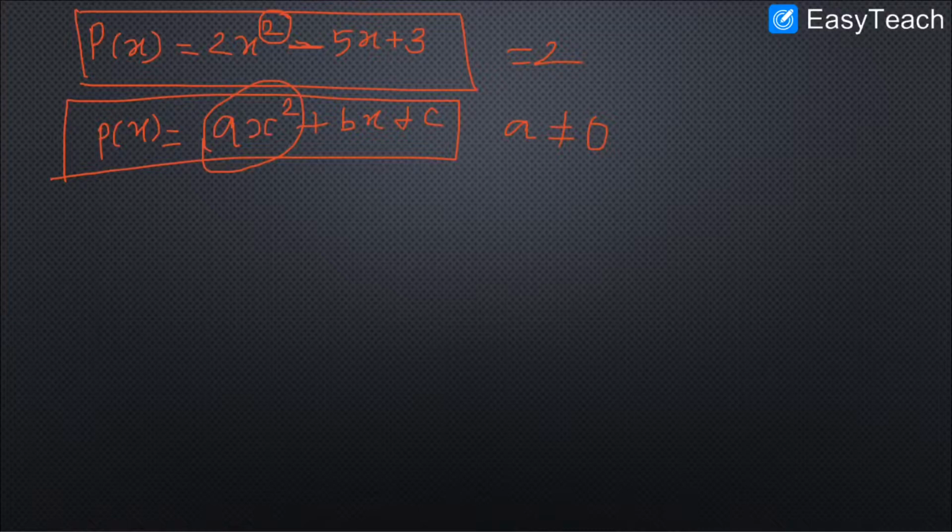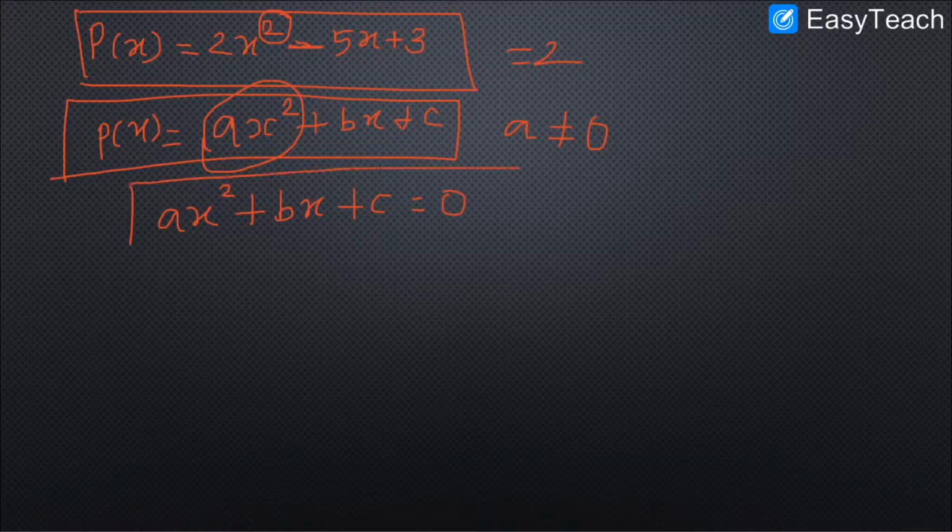Everything we already talked about in the polynomial lesson itself. Then why do I talk about the polynomial here? Because the quadratic polynomial and the quadratic equation are almost similar. There is only one difference, which is that we have to equate the expression to 0.